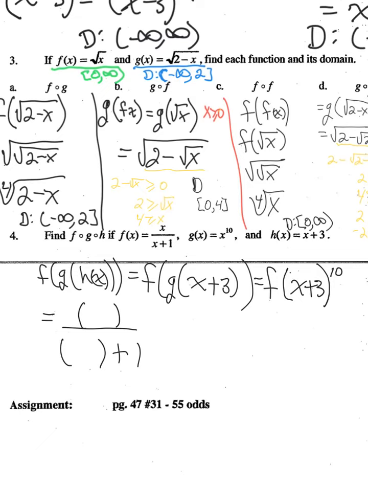What am I putting into this function? (x plus 3) to the power of 10. Can you see that I would never be able to make that denominator 0? Because raising something to the power of 10, it will always be positive. The domain for this function, in fact, is all reals, negative infinity to positive infinity.